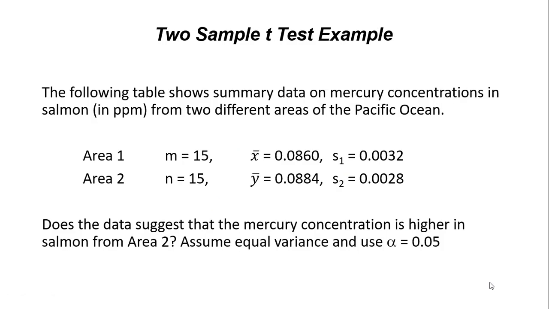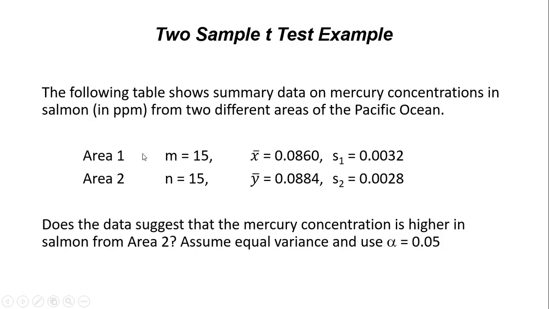In our next example, we're going to take a look at a two-sample t-test example. So suppose that the following table shows summary data on mercury concentrations in salmon. The unit is parts per million from two different areas of the Pacific Ocean.